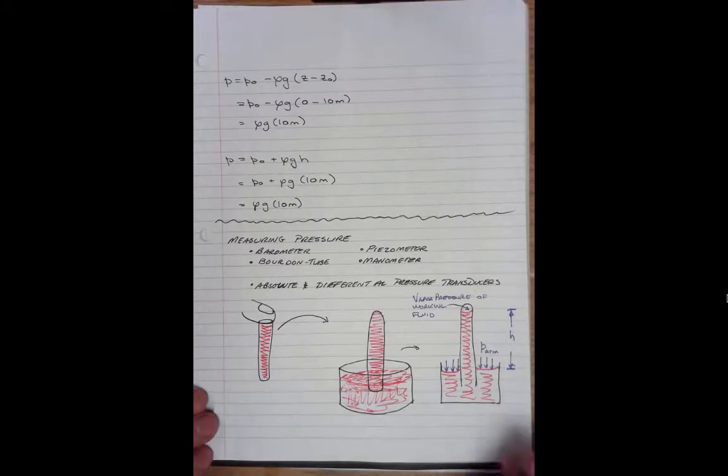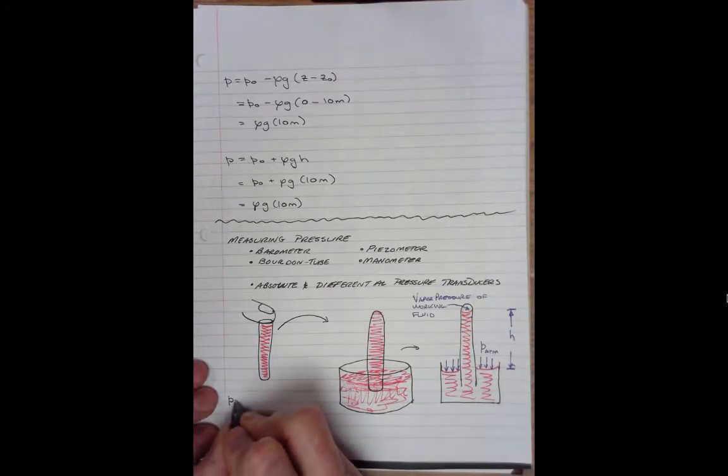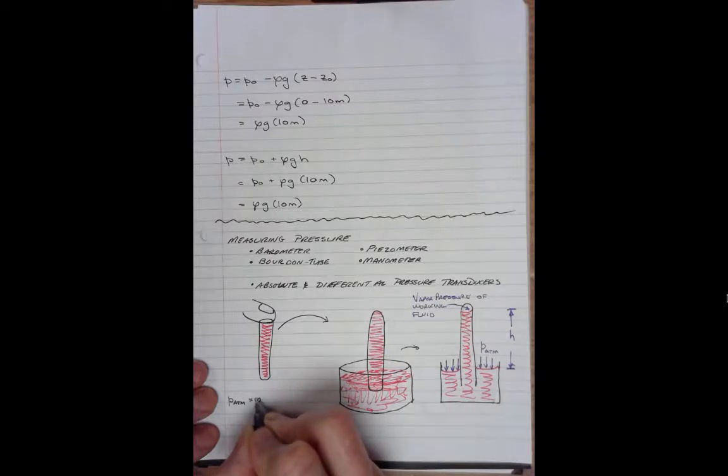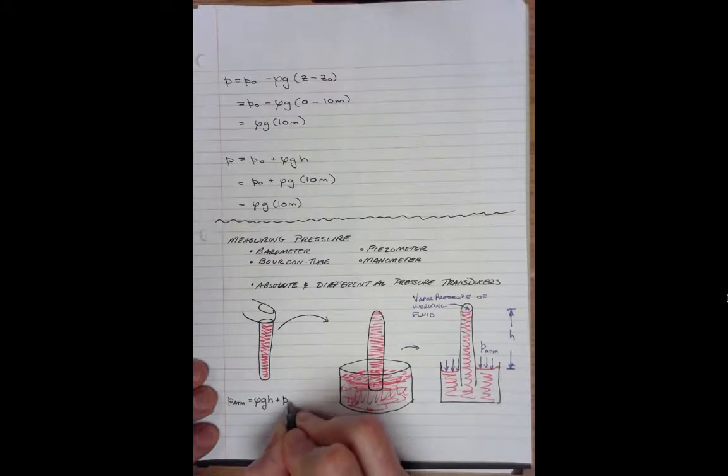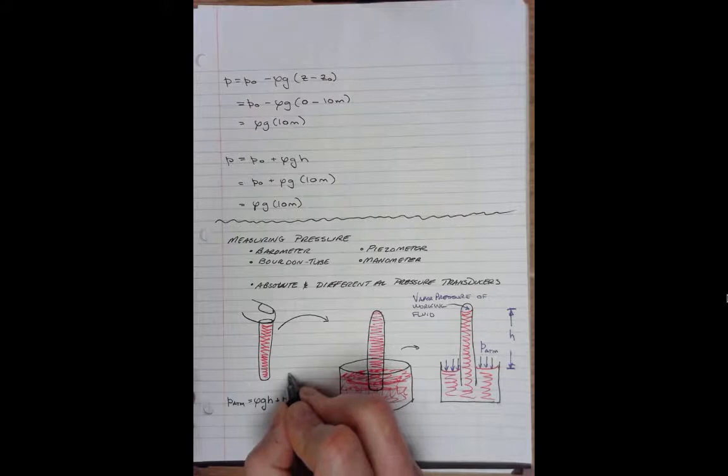And it turns out that that relationship will be atmospheric pressure is equal to rho g h plus the vapor pressure. This is temperature dependent.